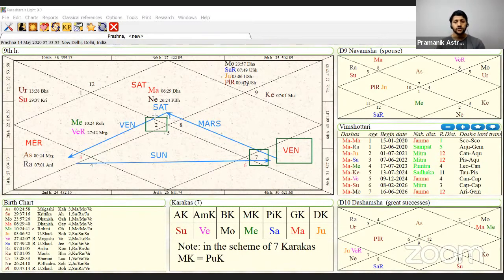Suppose you have Venus placed into any of these houses. Let's say you have Venus placed in here or here, or in ascendant. It will be a great combination. And if it is associated with any of the other trinal lord, then it will be even better.